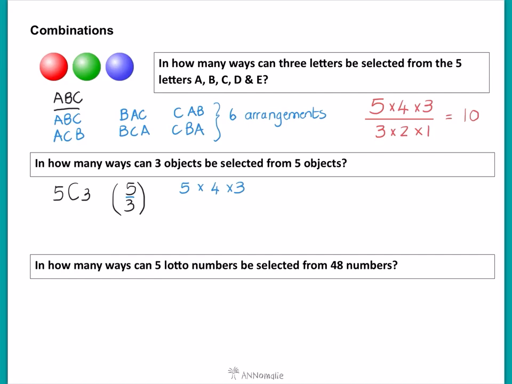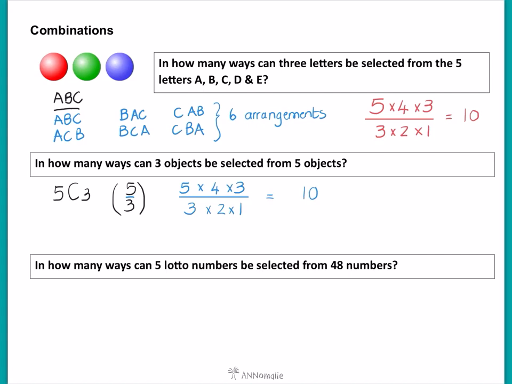And then because it's combinations and order does not matter, we have to lose the number of arrangements. We divide through by the number of arrangements, which is 3 times 2 times 1. So that is then the same answer of 10.